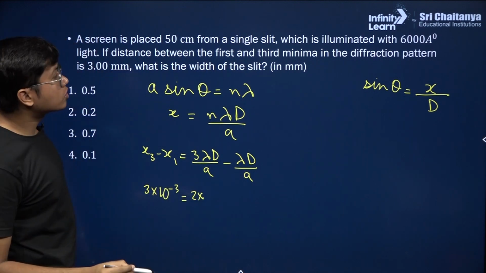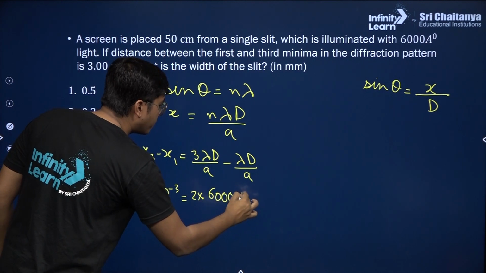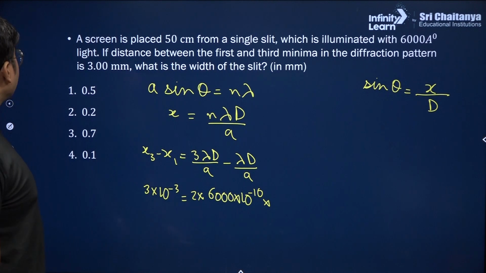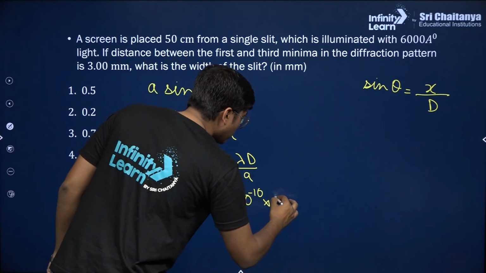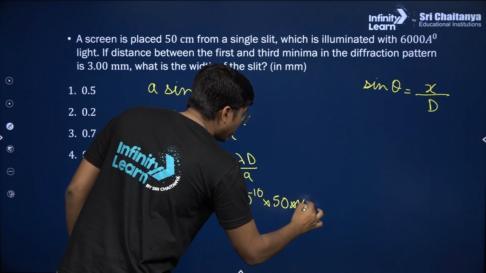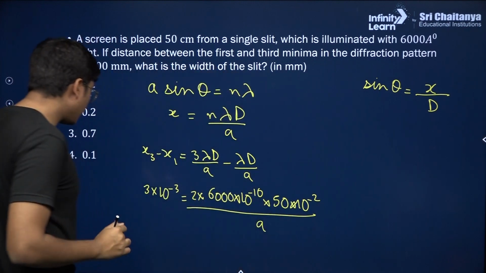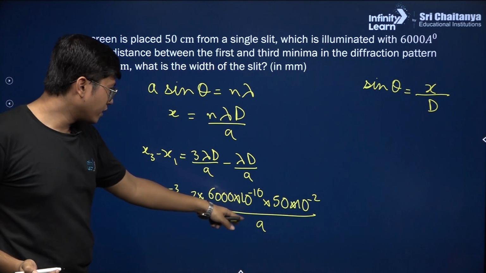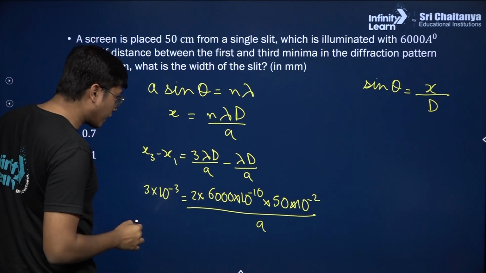2 into lambda value is given as 6000 Armstrong, 6000 into 10 to the power minus 10 into capital D is given to us, it's 50 centimeters, so 50 into 10 to the power minus 2 divided by a. a is what we need to find. We'll bring this a here, bring this 3 down here, but we don't need to do that because some terms are going to cancel out.